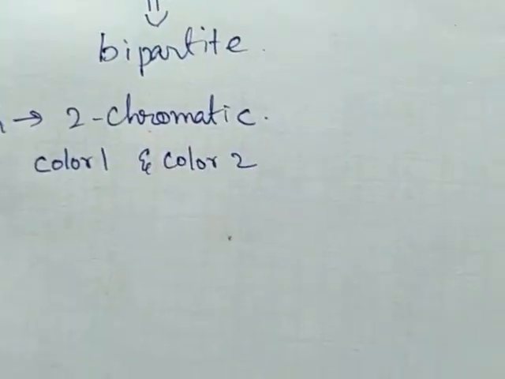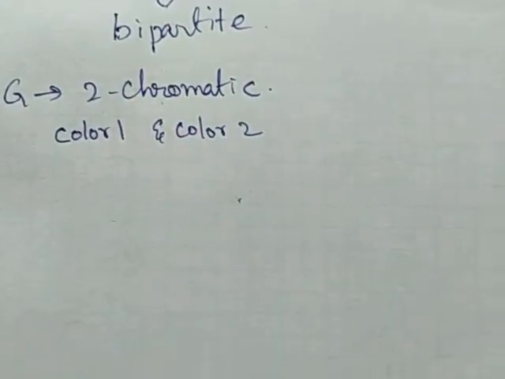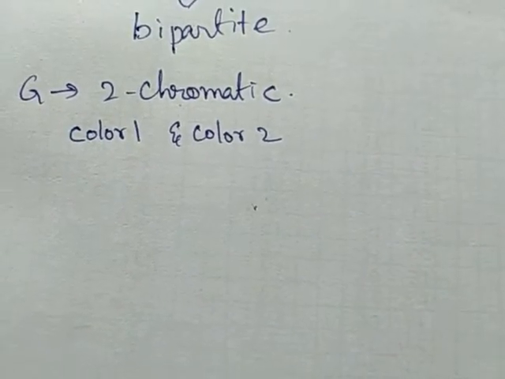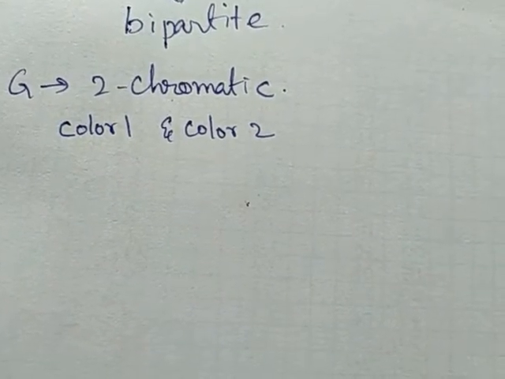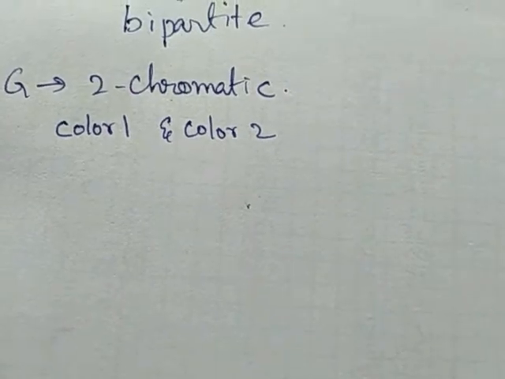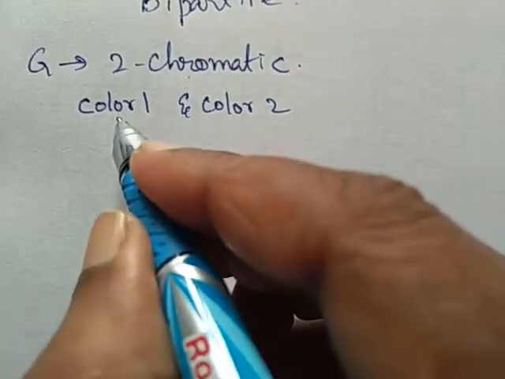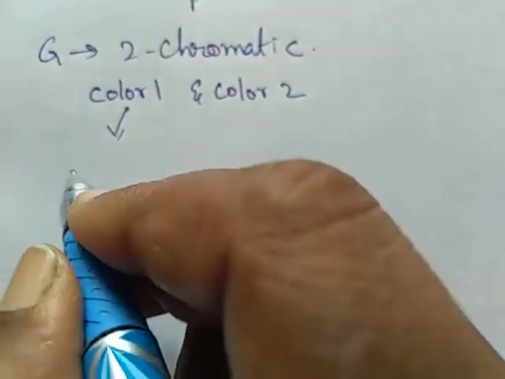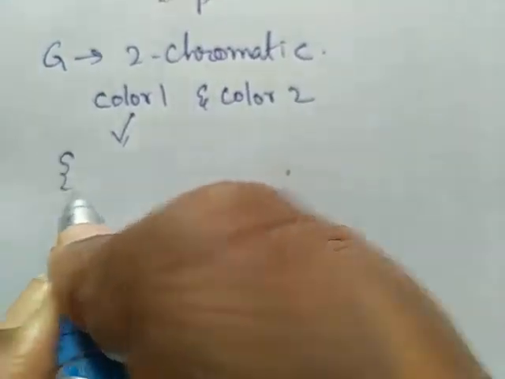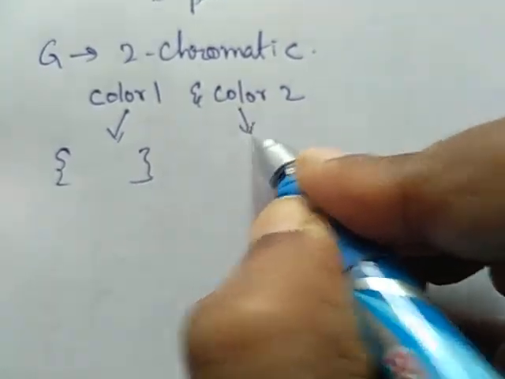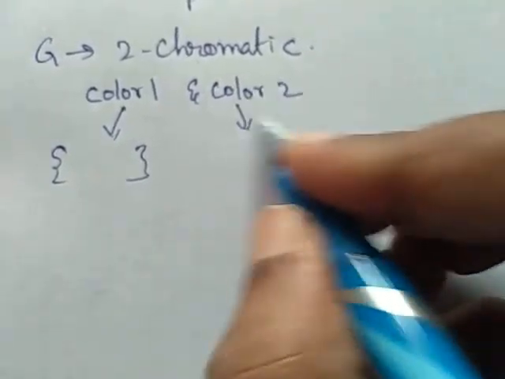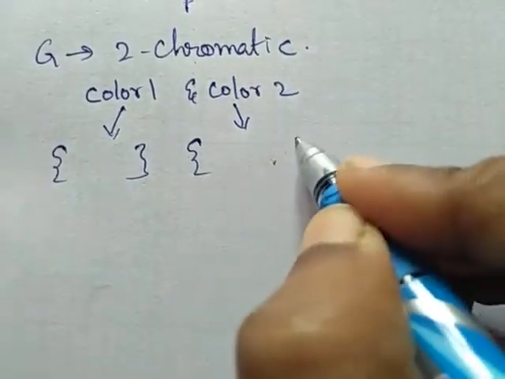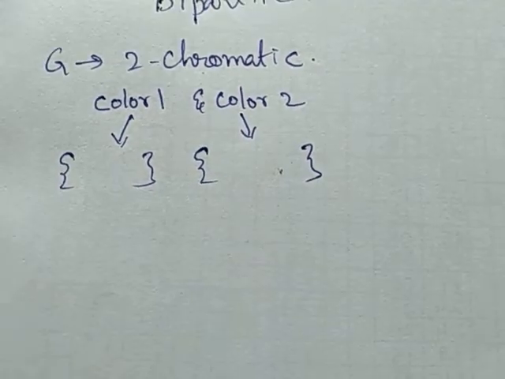Using first and second color itself, we can color the graph G properly. Now consider the vertices which are colored with color 1 as one set. Consider the vertices which are colored with the second color as another set.